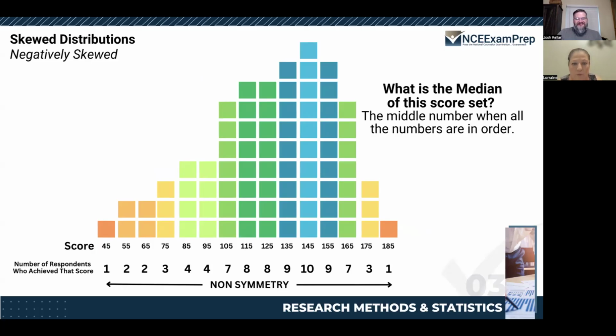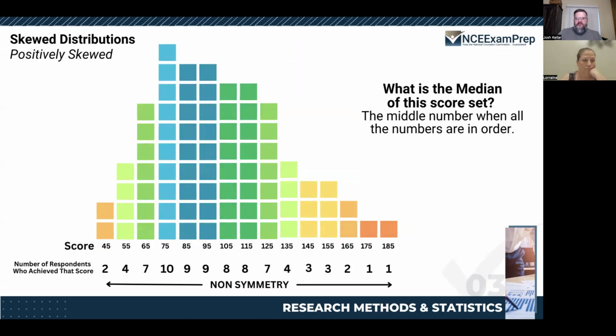Is it 115? Yeah, it's 115 too, right? Even though we've got a skewed distribution now instead of a normal distribution, because we've lined them all up, 115 is still in the middle, even though there's more that scored 145. Because 115 is in the middle, that's still the median.